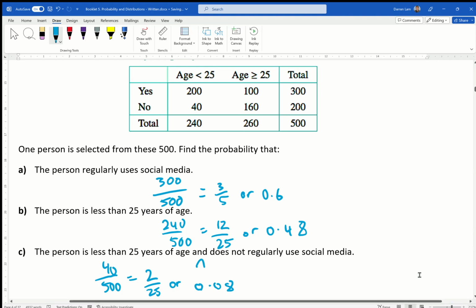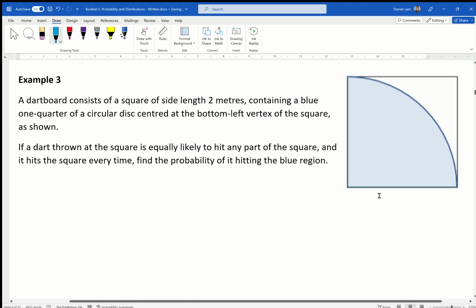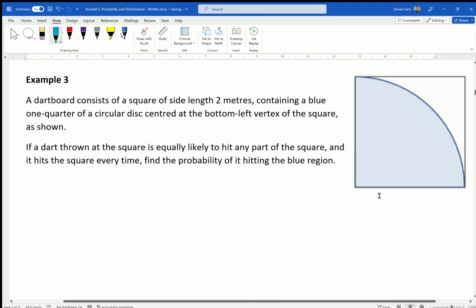Let's move on. I'll put the notes back up there in a moment if you need to. You need to know how to do probability in reference to your measurement. So for example, in a dartboard with a square of side length 2 meters, we have a quarter circle in a circular disc. We need to find the probability that it hits the blue.